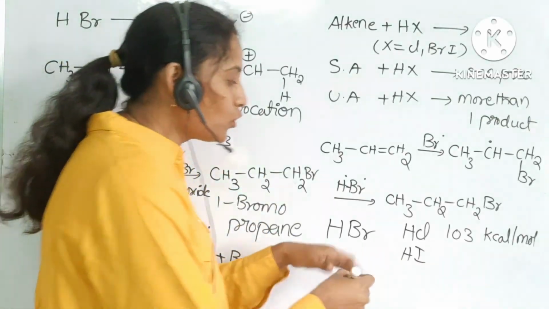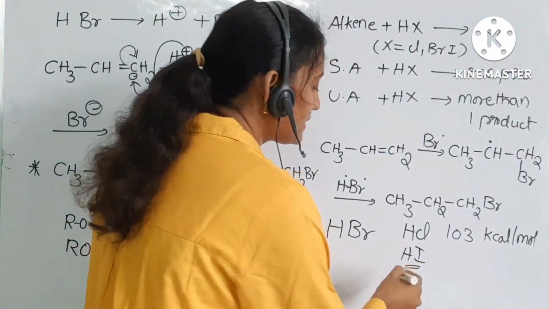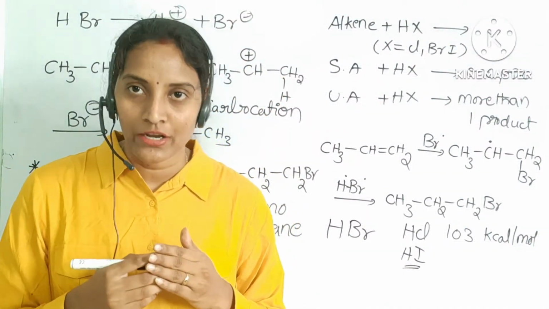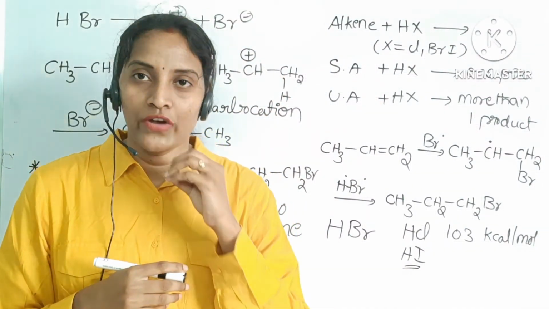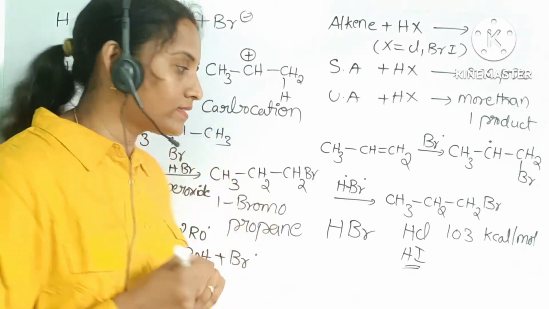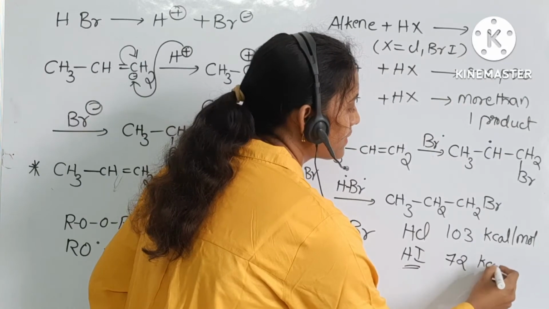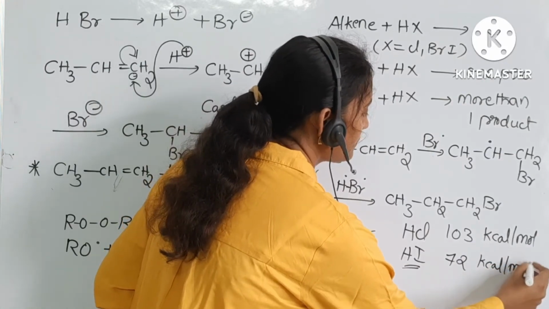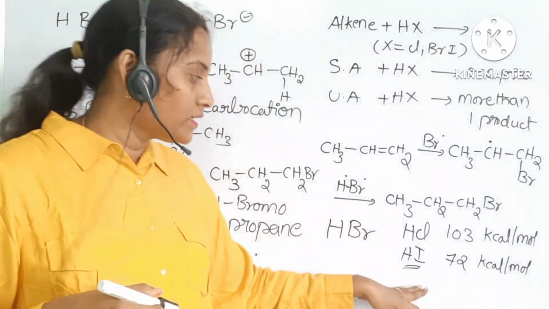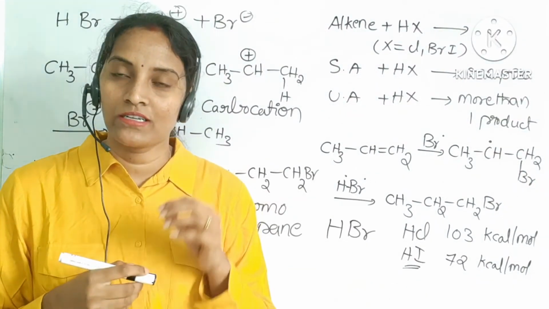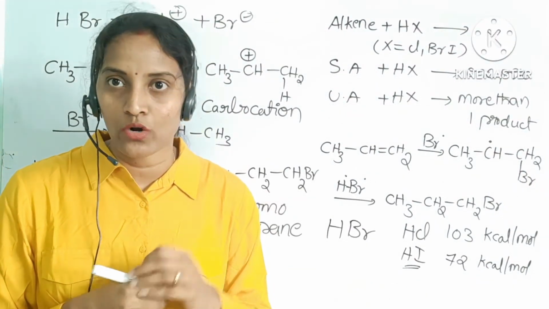And if you go to HI, the bond between hydrogen and iodine is very weak, so it needs less energy, approximately 72 kilocalories per mole. This is less, so it reacts. But why does HI not show the peroxide effect?